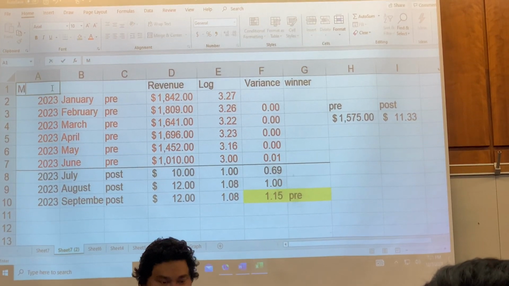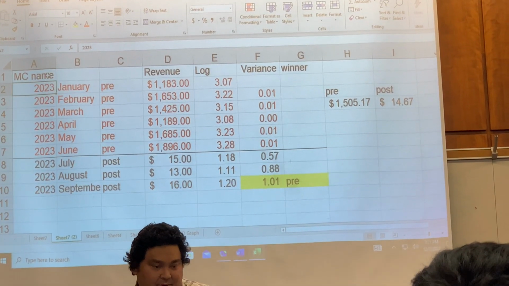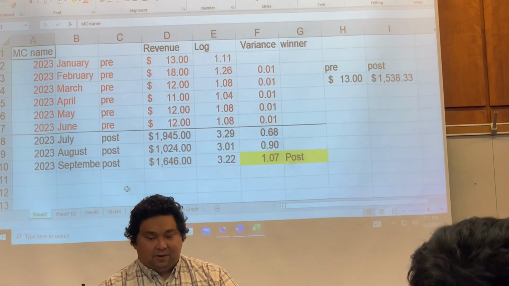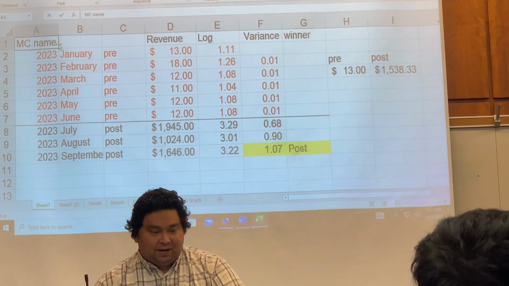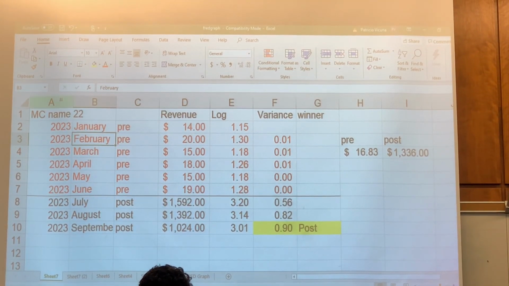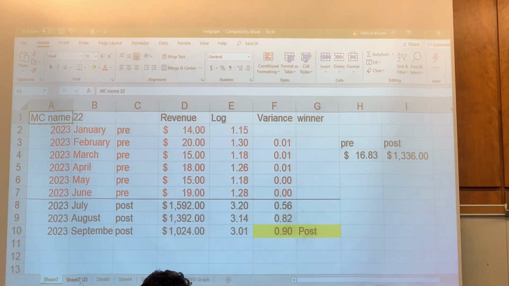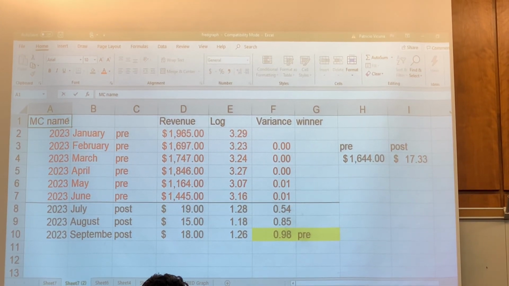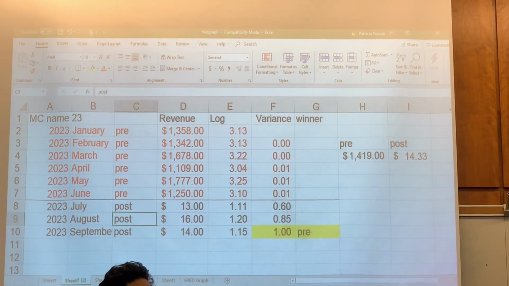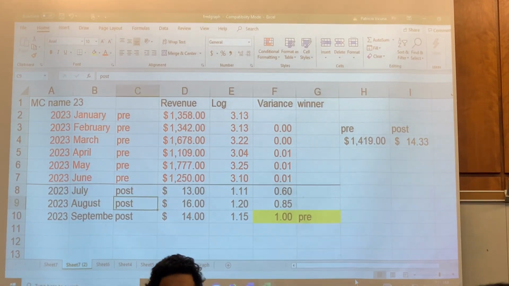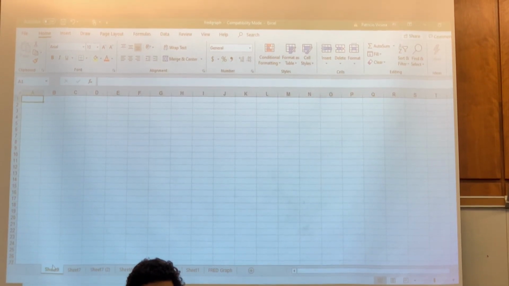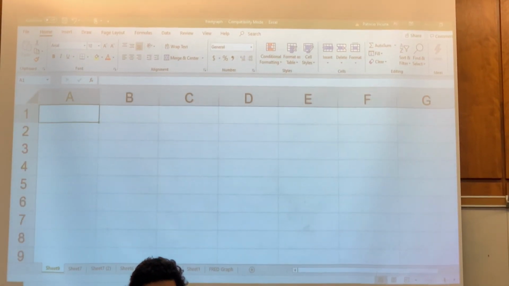And you have the marketing campaign name. You have a marketing campaign name here, you have a marketing campaign name. So let's say this is the marketing campaign 2022, and this is the marketing campaign 23. So, in other words, I will have a new spreadsheet with these characteristics.